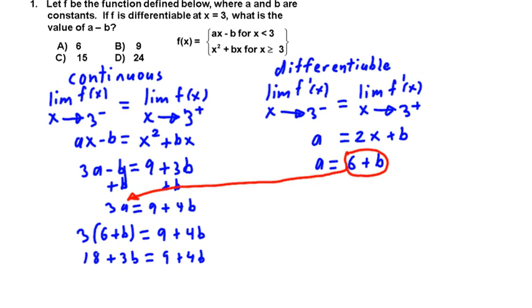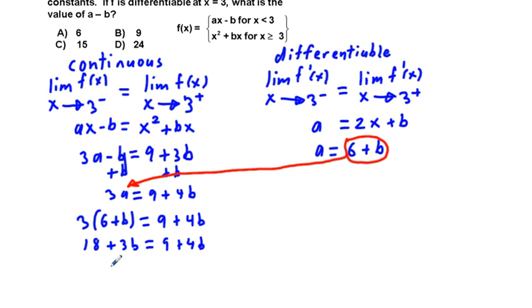So we can here subtract 3b from both sides of this equation, and then also subtract 9 from each side of the equation. So what we have is, on the left side, 18 minus 9 is 9. On the right side, 4b minus 3b is b. So b equals 9.